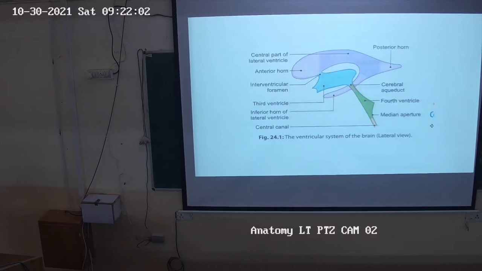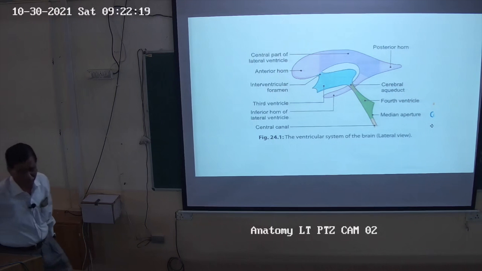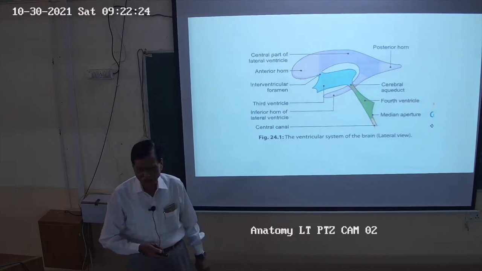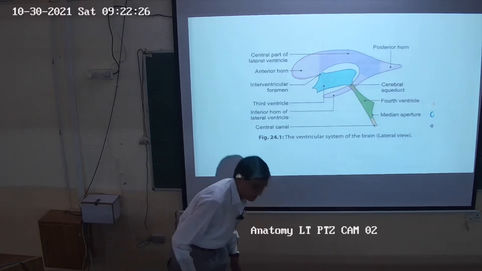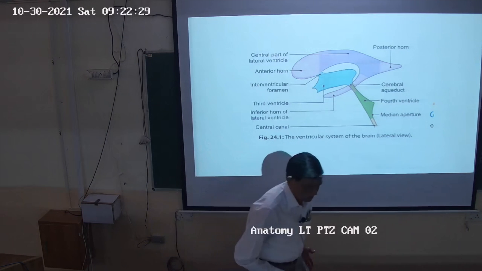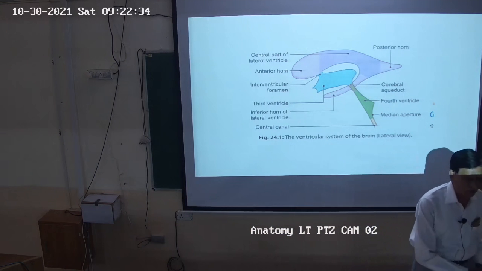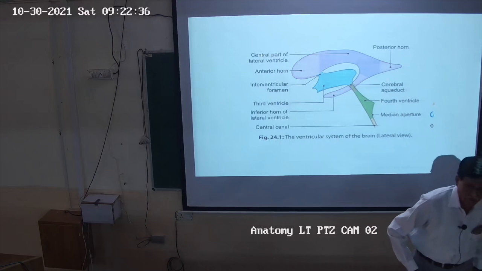The CSF is aspirated by the commonest method. They introduce the needle at the level of L3 and L4 vertebrae. Not in standing condition. Patient is standing and you are putting the needle? No. Ask the patient to sit in this position, flex the abdomen, or lying over the table, also ask the patient to flex the body.